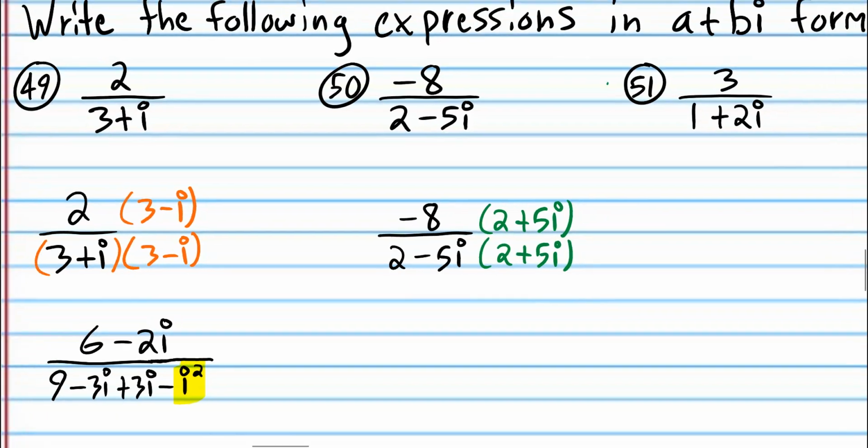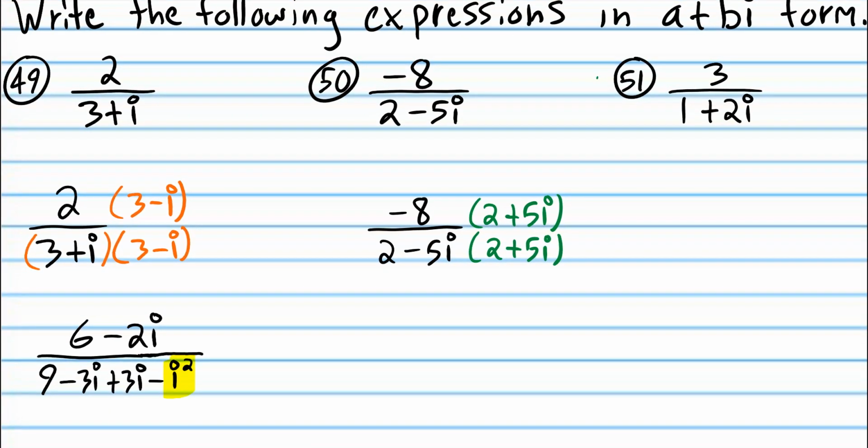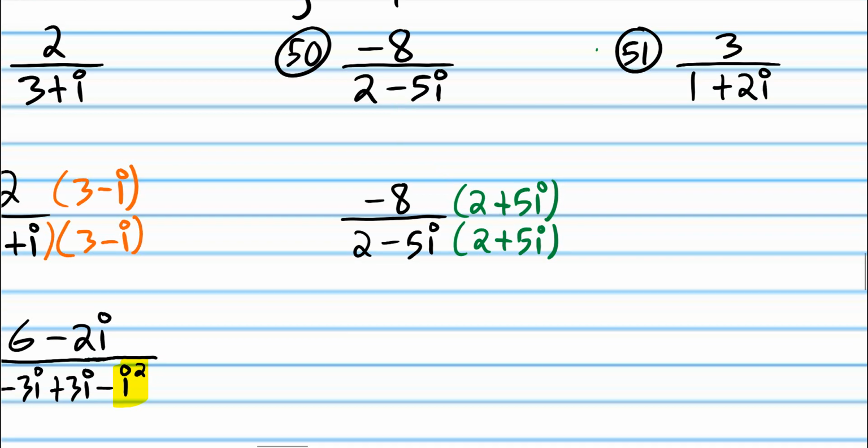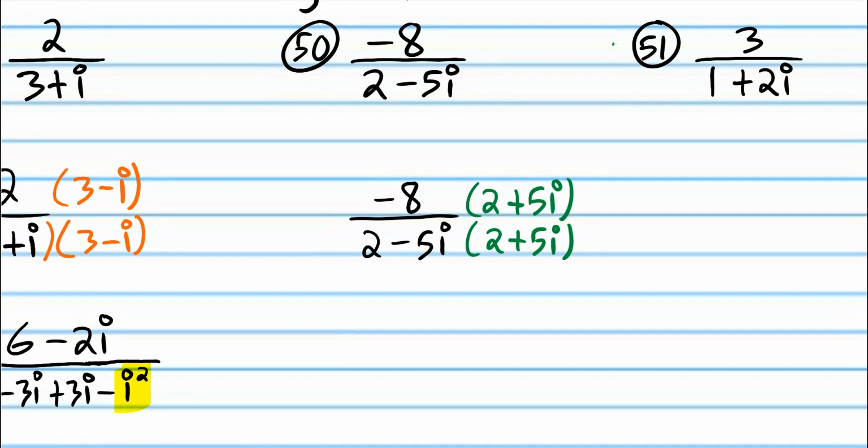In other words, the fraction doesn't really change. Its value doesn't change. And notice we have a 2 minus 5i, so we're going to multiply by 2 plus 5i. We have to multiply by the conjugate complex number.